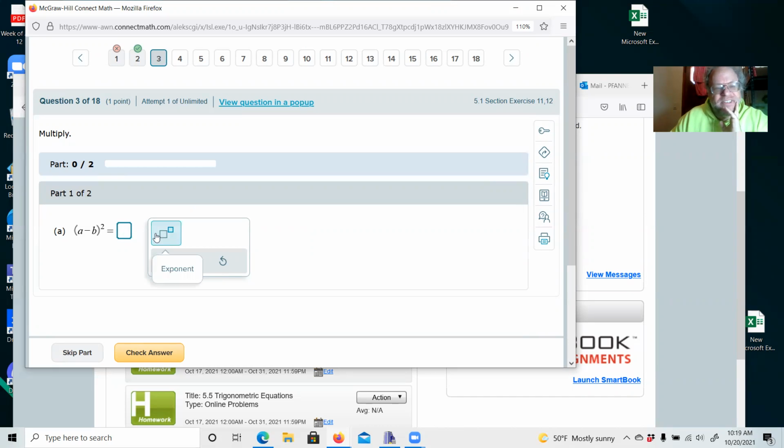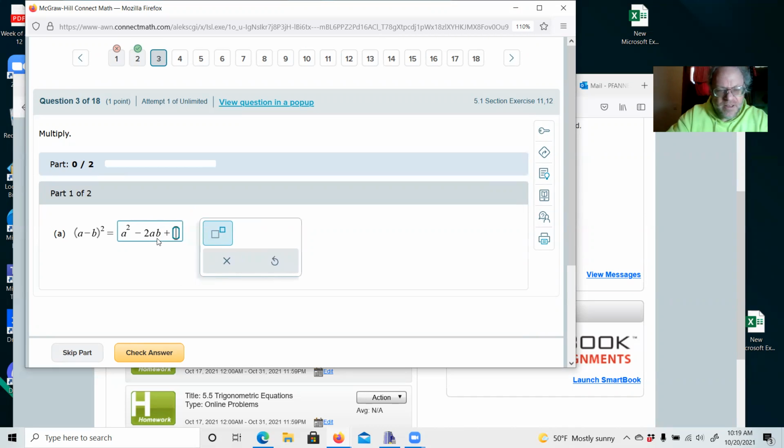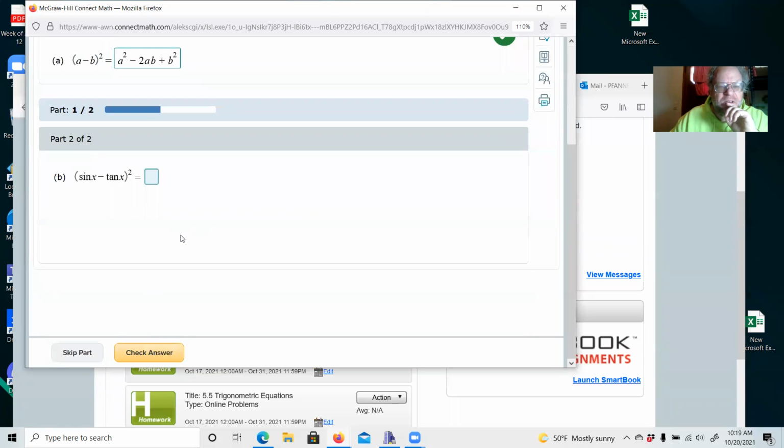Okay, again, I just want you to realize what we're doing. Oh, they just want us to multiply this out. So this is going to be a squared minus 2ab plus b squared. That's all they want. But if you're ever looking at this, what did they want exactly?